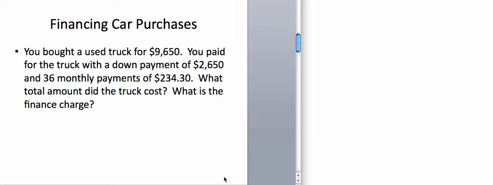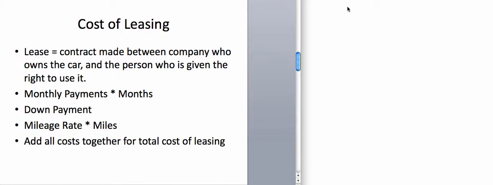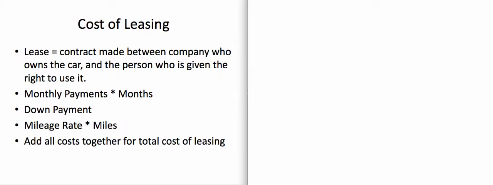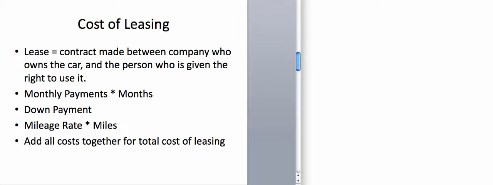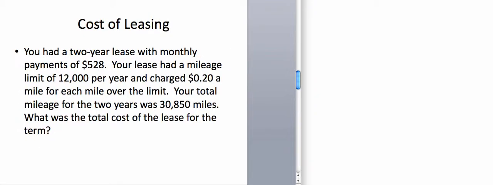The next idea is the cost of leasing. A lease is a contract made between the company who owns the car and the person who's given the right to use it. So it's basically like renting, and we're going to take monthly payments times months. You're going to add in a down payment. You may have a mileage rate based off of that, and to find your total cost of leasing, you add all those costs together.